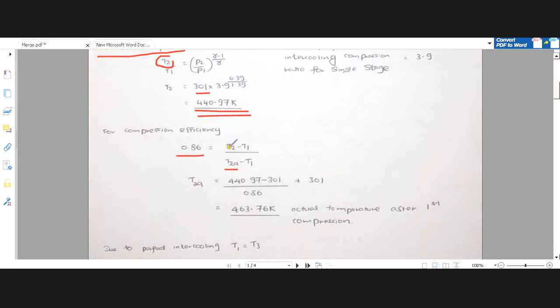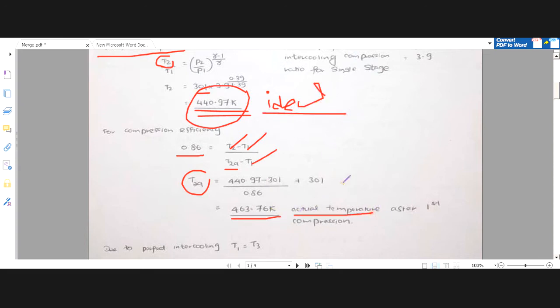T2 we know, T1 we know, so we can very easily calculate T2a. We can't use this value, because this is the ideal case, but this is the actual temperature, the real scenario. Clear, right?